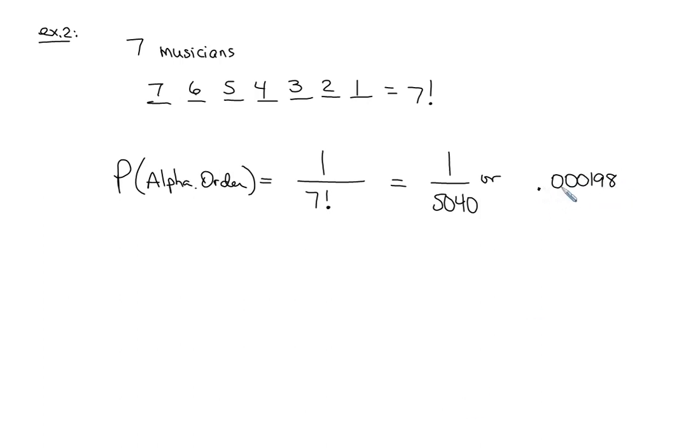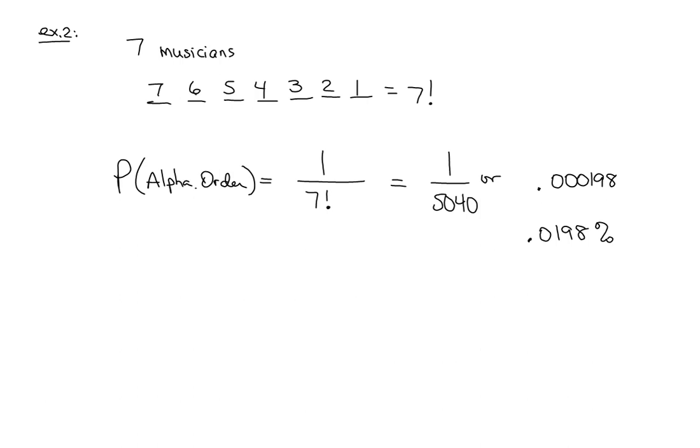So if you make this into a percentage, you move that over 2 times, it's 0.0198%. So it's less than 2/100ths of a percent chance that if you just randomly pick among 7 people with different last names that you're going to actually pick alphabetical order. Pretty tiny, right? Okay, questions about how that works?